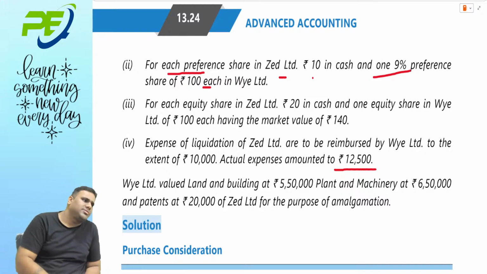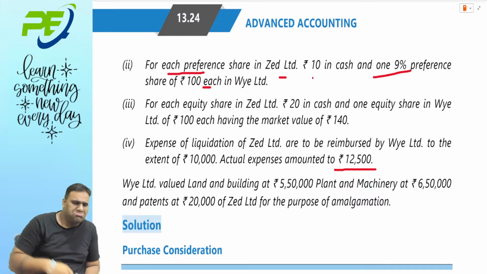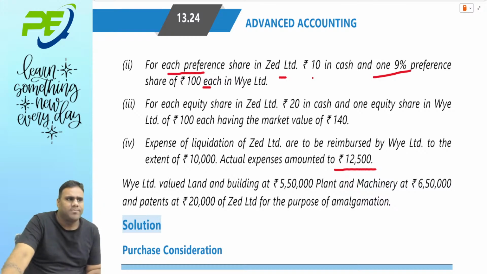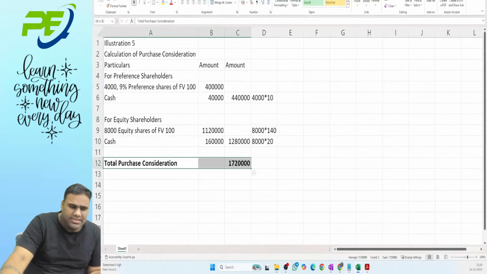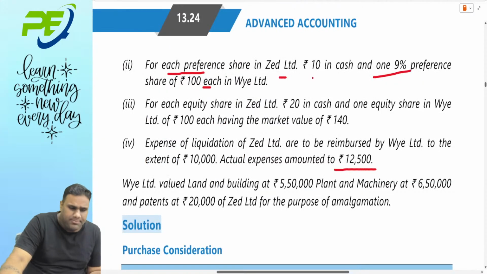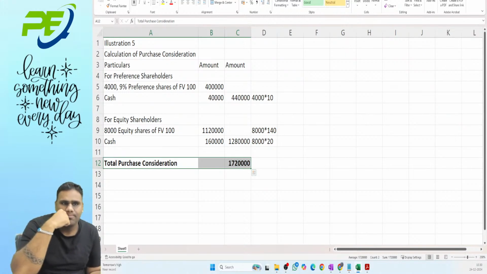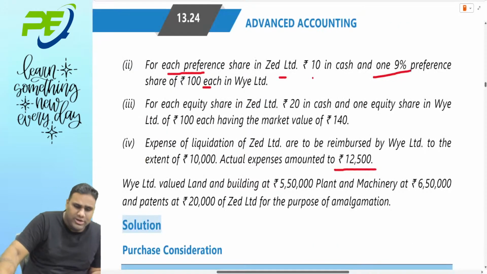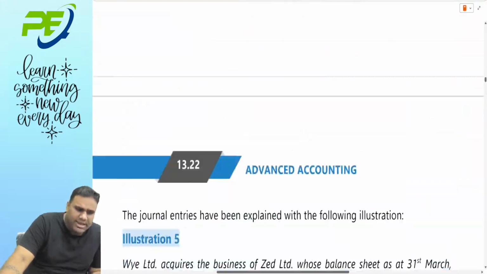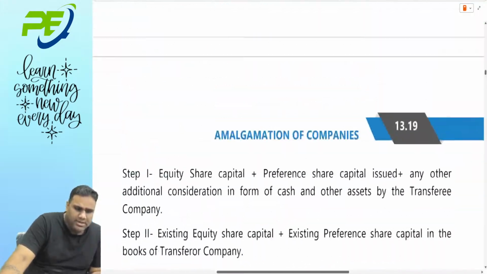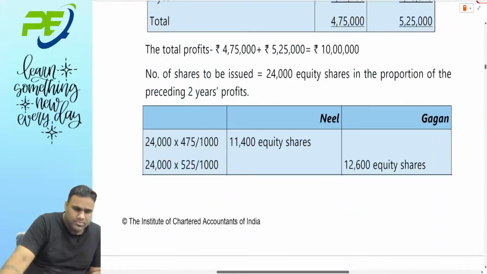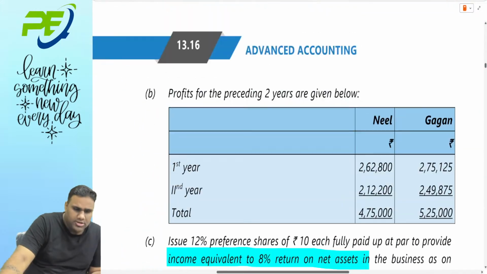For purchase consideration, in the previous problem, we calculated net assets and then we calculated equity and preference. Here you have to read the question very, very carefully. Let me take you through that problem again.